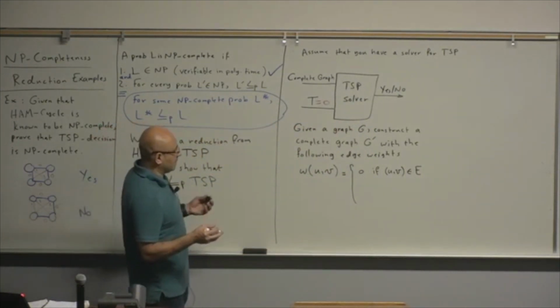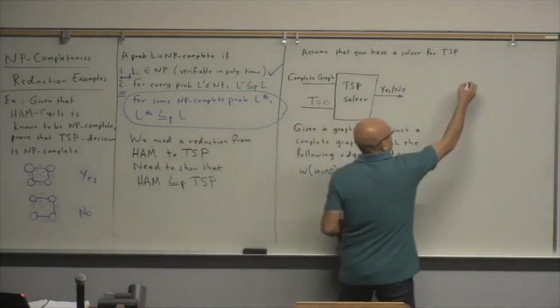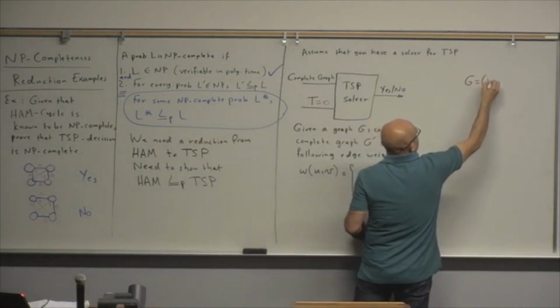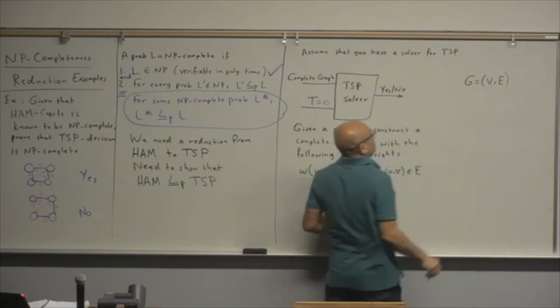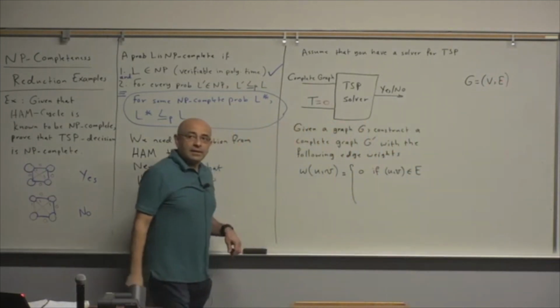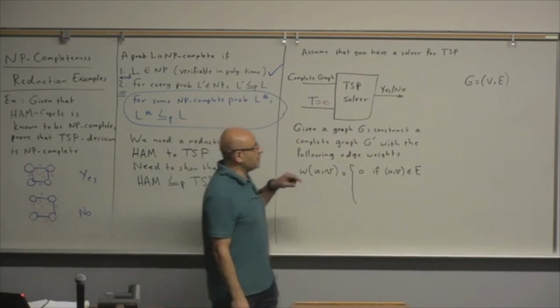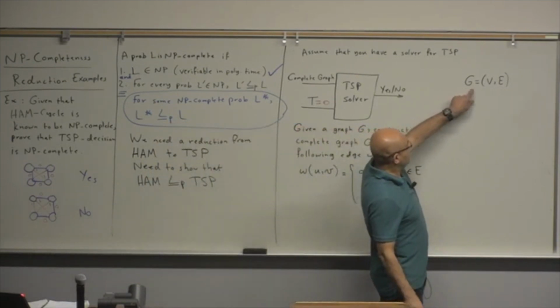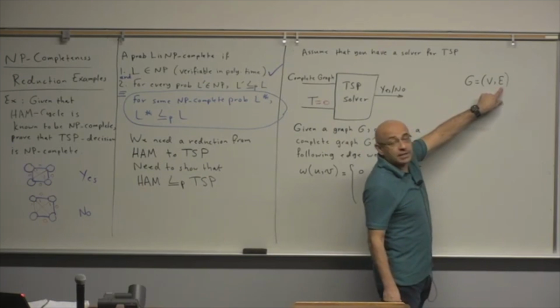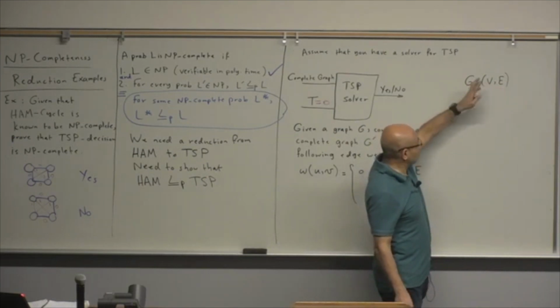So technically, we should write G as a graph equals V and E. A graph is a pair that consists of a set of vertices and a set of edges. Mathematically, that's what a graph is.